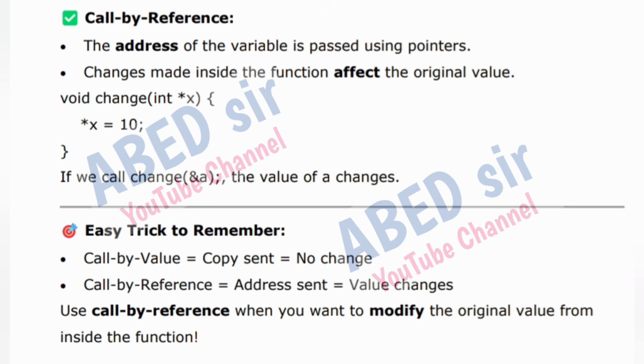If we call change(&a), the value of a changes. Easy trick to remember. Call by value equals copy sent equals no change. Call by reference equals address sent equals value changes. Use call by reference when you want to modify the original value from inside the function.